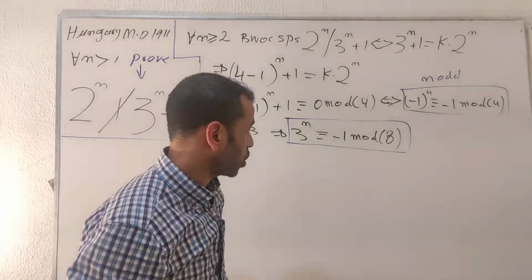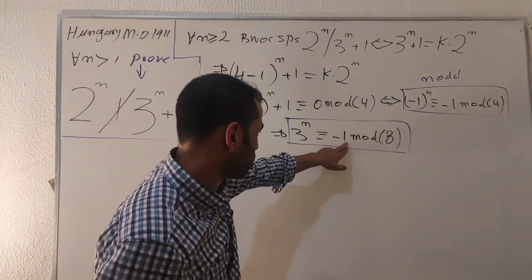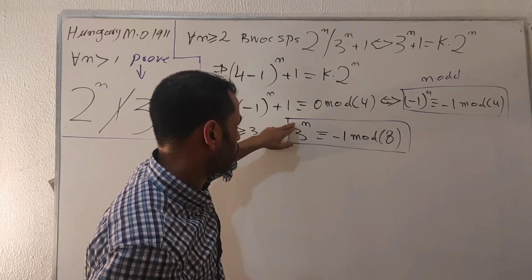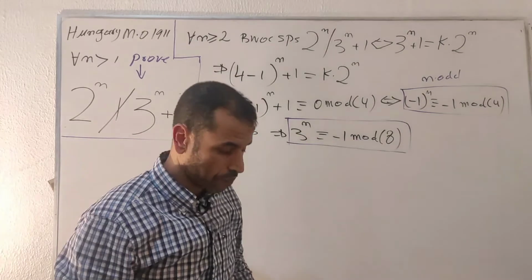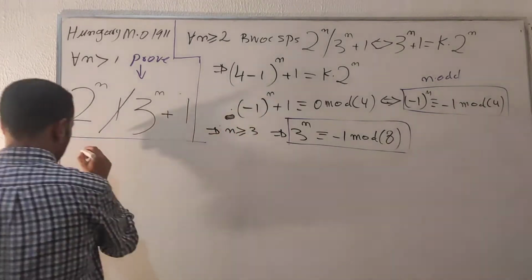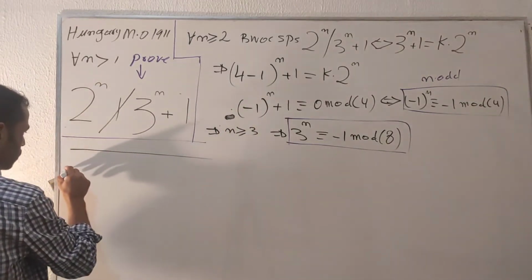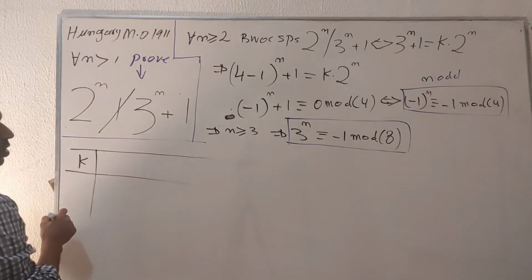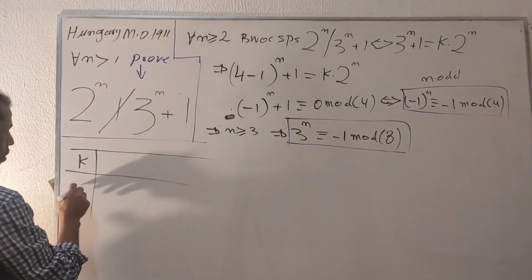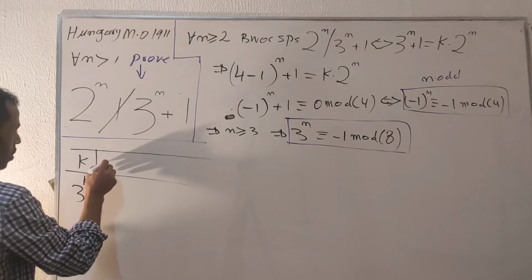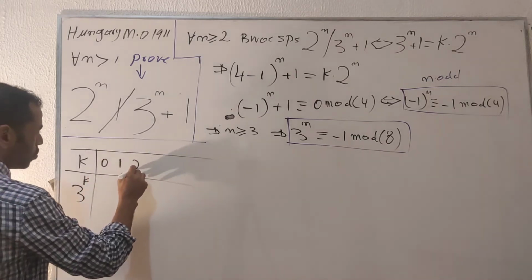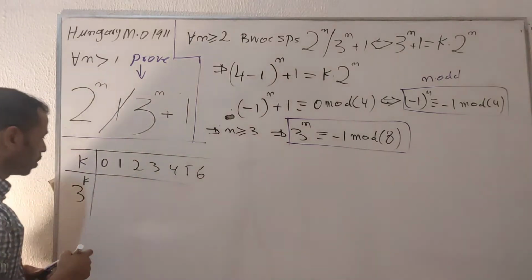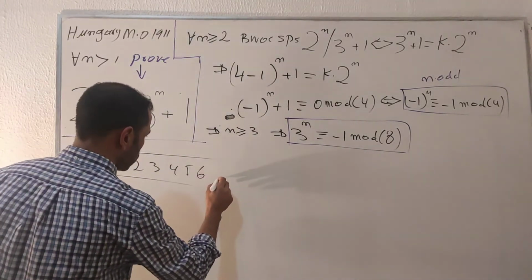Now let's go through a chart to compare this remainder, which is -1, with the possible values of 3^n as remainders. Here is the chart. In general I get 3^k, with k equal to 0, 1, 2, 3, 4, 5, 6, and so on, reduced mod 8.